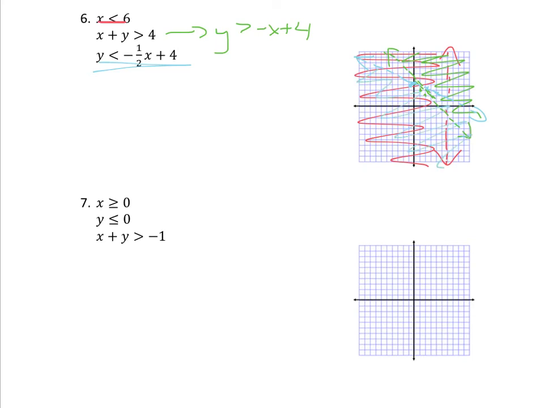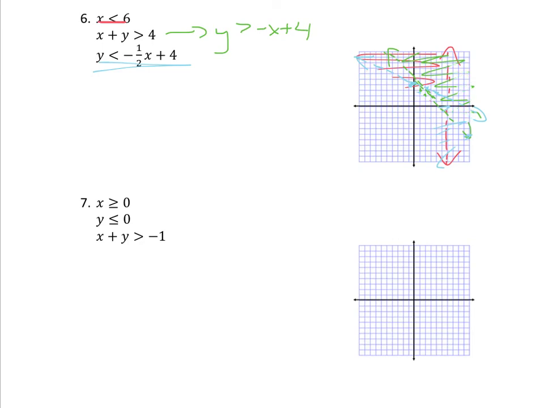Now it's hard to see here. It's a little bit difficult to see where the actual overlap is. But if we start erasing the stuff that's unnecessary, so none of this stuff. We know none of this stuff. There's nothing over here.